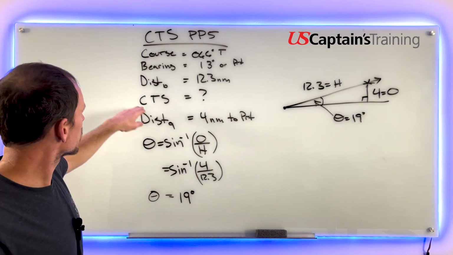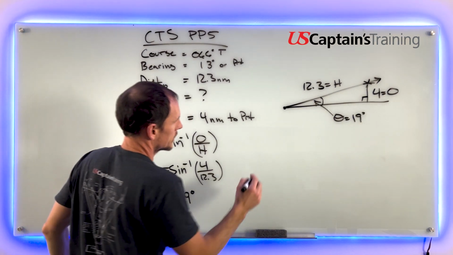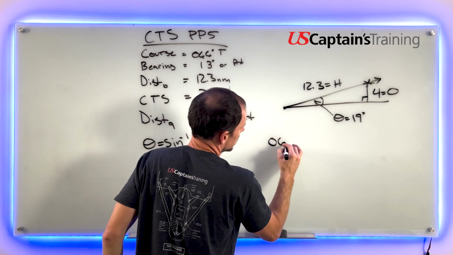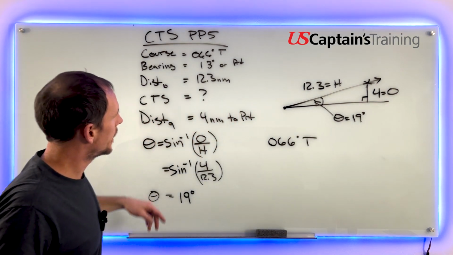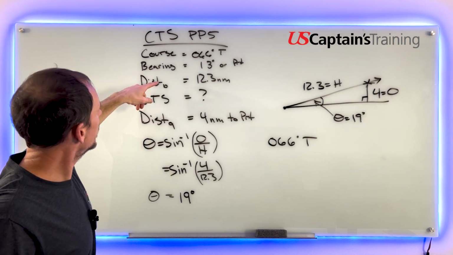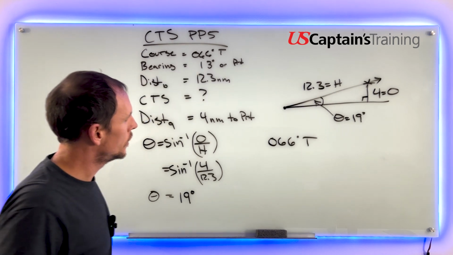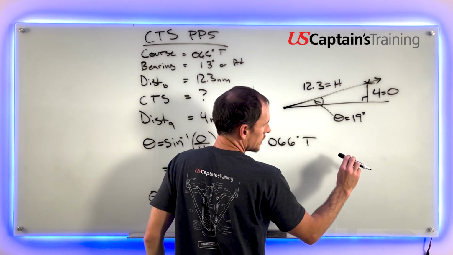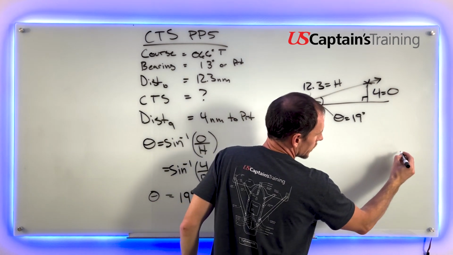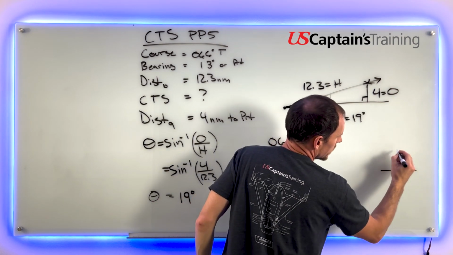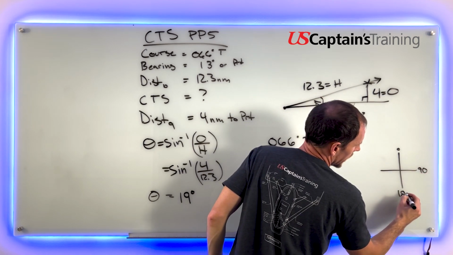And now we find our course to steer. Here's our original course, 66 degrees true. And it said that we saw a bearing 13 degrees to port. So if we're at 66, this is important to keep straight. 0, 90, 180.